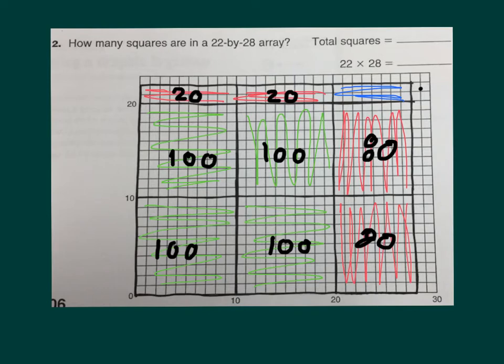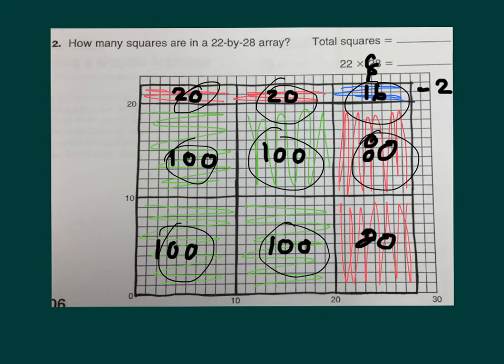When I look to the side, I know that there's 2, and going across, there's 8. So 2 times 8 gets me a value of 16. When I add all of these values together, it gets me a total of 616. That matches my answer that I got using partial products, so I know this answer is correct.